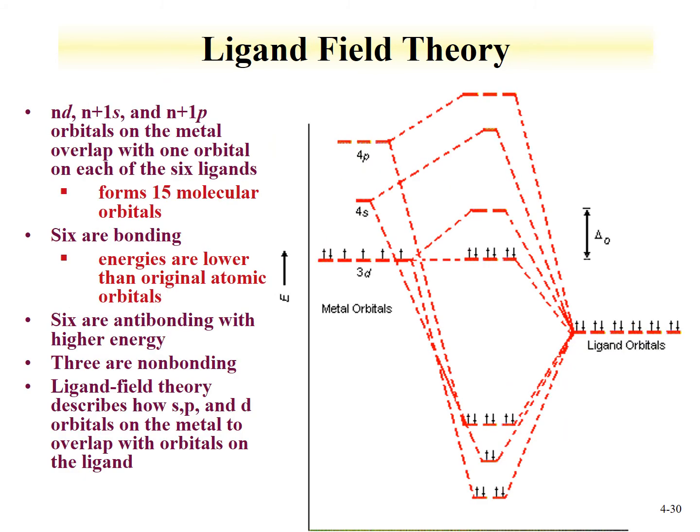This can be expanded for the Ligand Field Theory. This is an expansion of the molecular orbital theory, where in this case for the metal-ligand overlaps, we have 6 bonding electrons. We know these are bonding because their energies are lower than both the metal and the ligand orbitals. There are also 6 non-bonding electrons. We see that all these orbital energies are higher than the metal and the ligand orbitals.